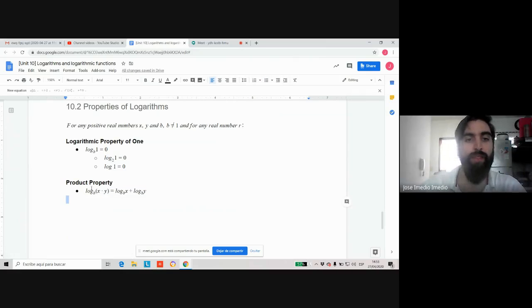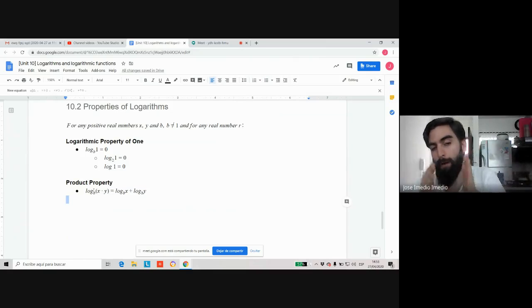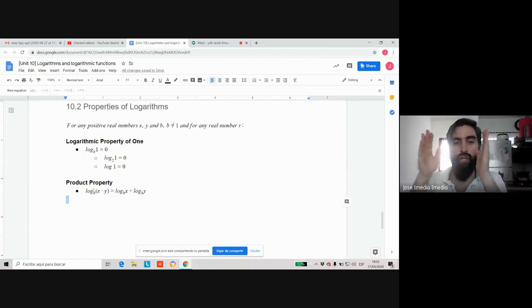This means that the logarithm of a product equals the addition of the logarithms.